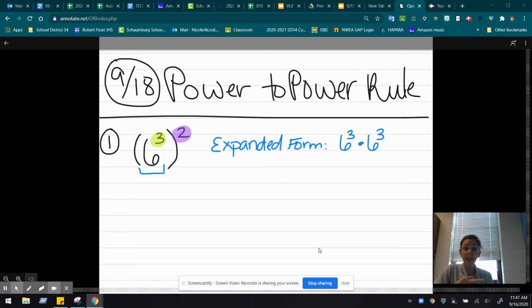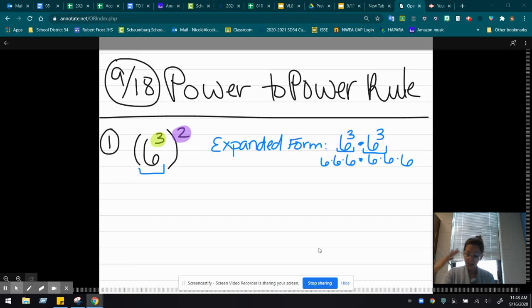And I'm noticing I can expand that even further, and I can do 6 times 6 times 6 for 6 to the third, times 6 times 6 times 6. So we just expanded 6 to the third, to the second, or 6 to the third to the second.